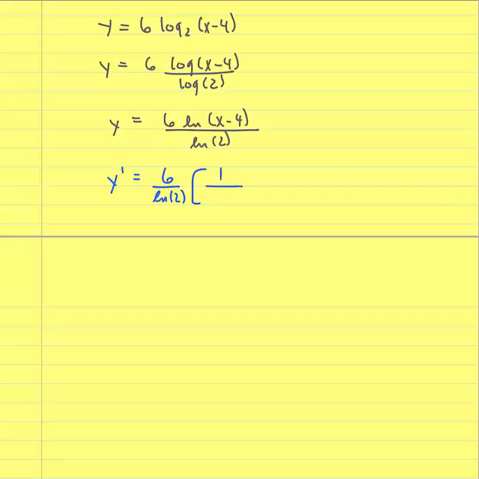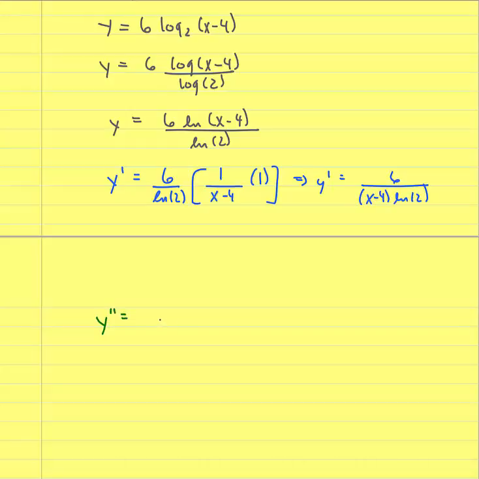The derivative of the natural log of u is 1 over u times u prime. The derivative of x is 1. So I get y prime equals 6 over natural log of 2 times x minus 4. So there's my first derivative. Now my second derivative, of course, is the derivative of the first derivative.